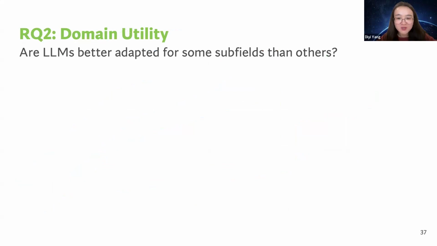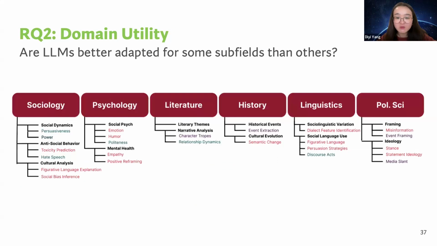From a domain utility perspective, I think this is quite interesting, especially if people are from different research fields. You might be wondering whether large language models are better adapted for some fields of social science over others. Remember, we divided the tasks into their respective fields like this.